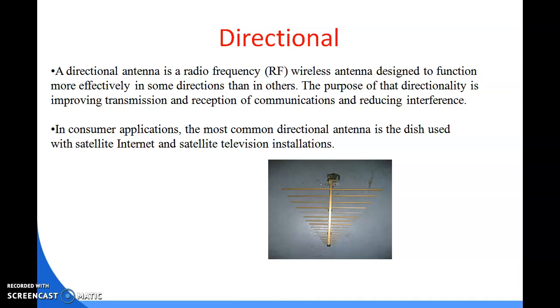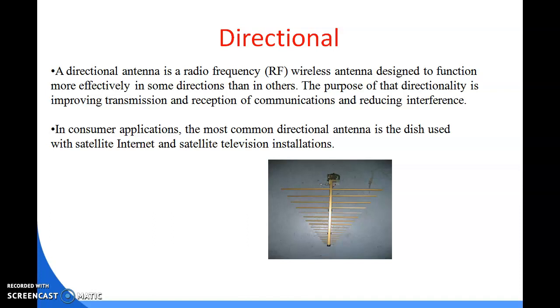It is an omnidirectional antenna because it tries to cover all 360-degree directions, right? But a directional antenna, like your dish TV antenna mounted on the roof of your house, receives the data from a particular direction.